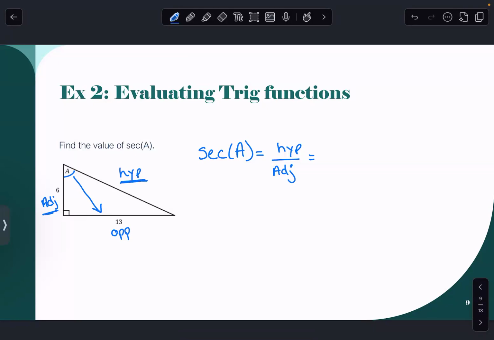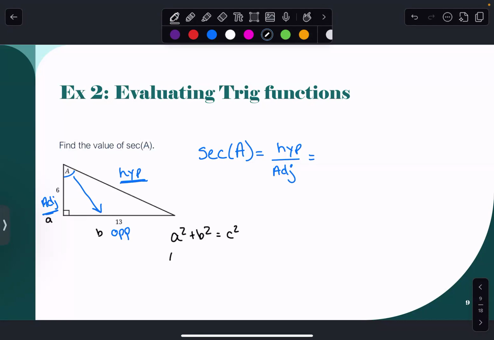What's my problem? I don't know the hypotenuse, but I do know something called the Pythagorean theorem. That's also an important aspect of right triangles. I can label these either side, A or B. I have 6 squared plus 13 squared is equal to c squared for now, because I don't know my hypotenuse.